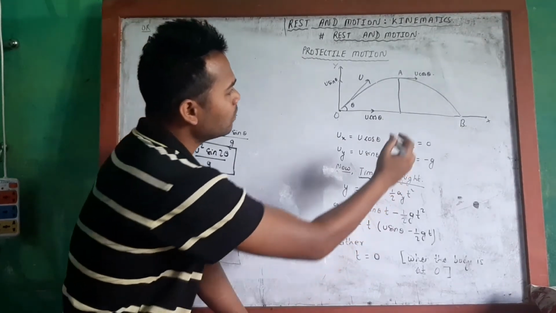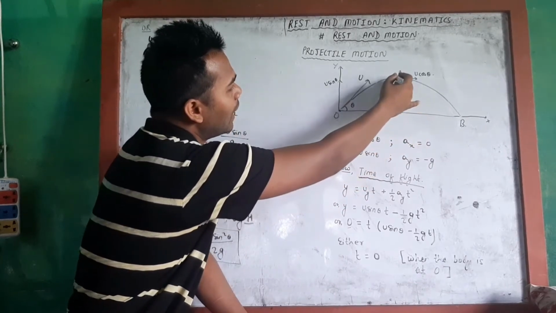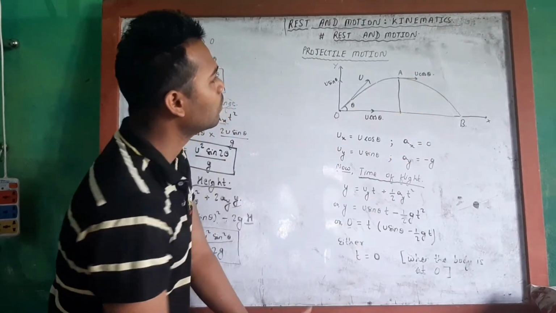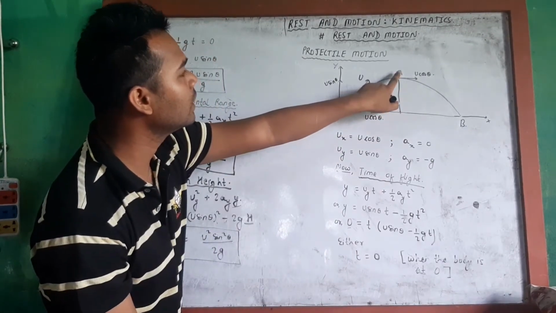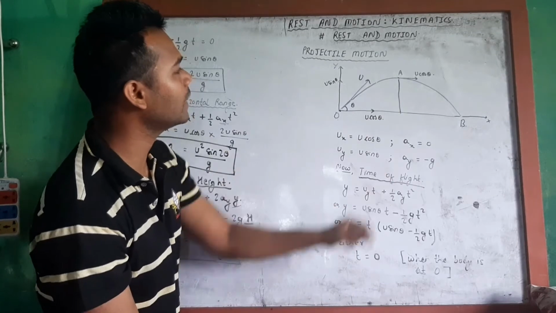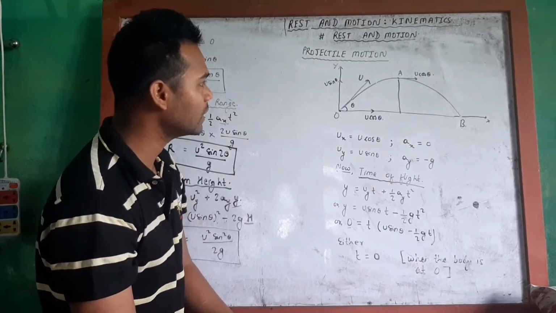And from the x-axis, the maximum height reached by the projectile, that means the maximum height will be at point A, is known as the maximum height.